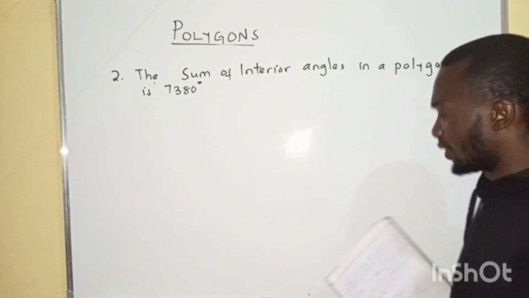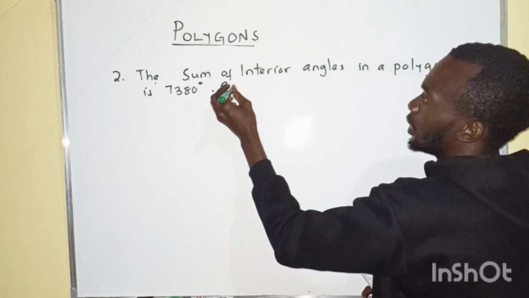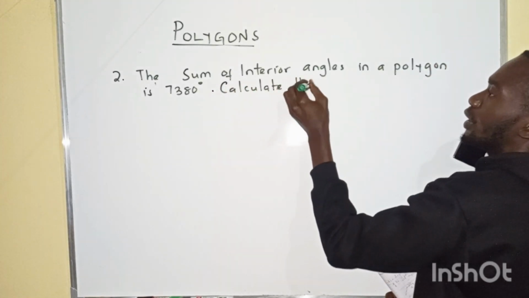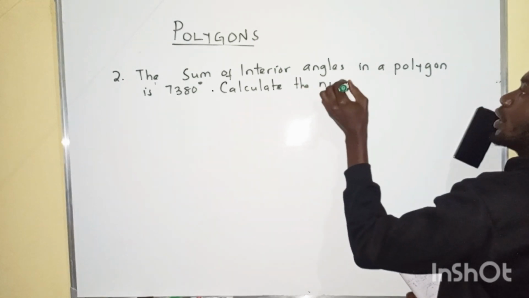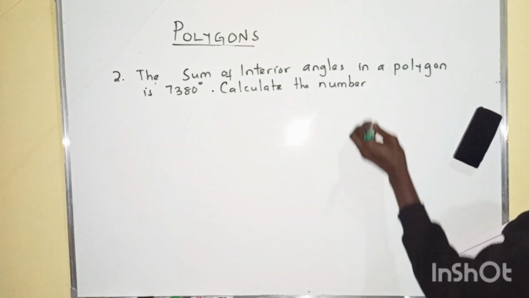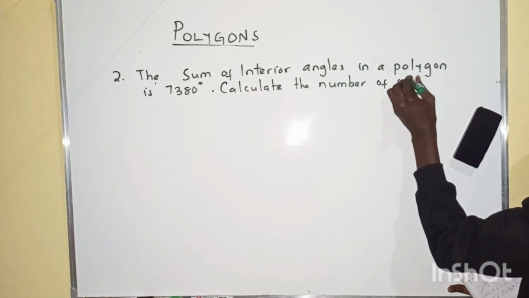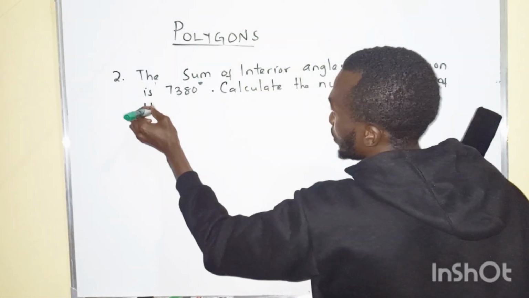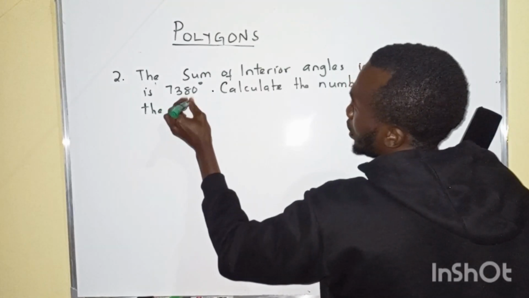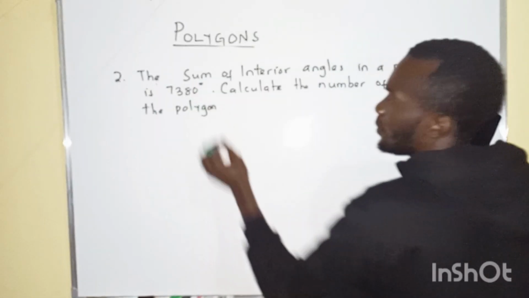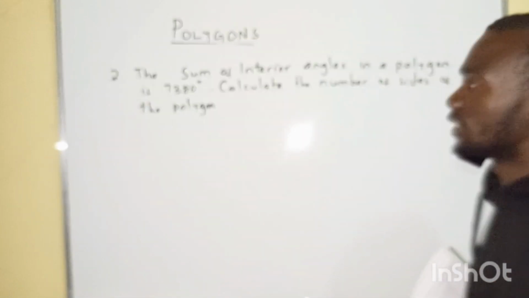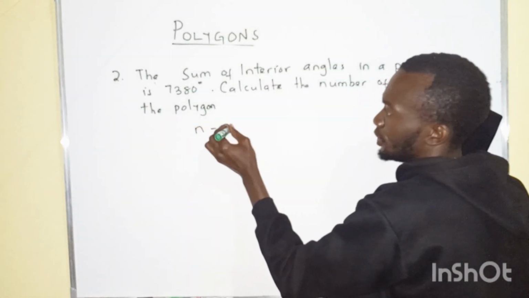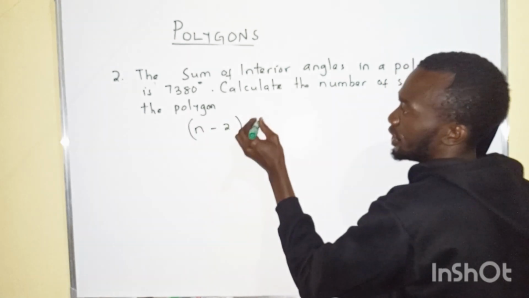Calculate the number of sides of the polygon. The sum of interior angles is calculated by the formula n minus 2 times 180 degrees.